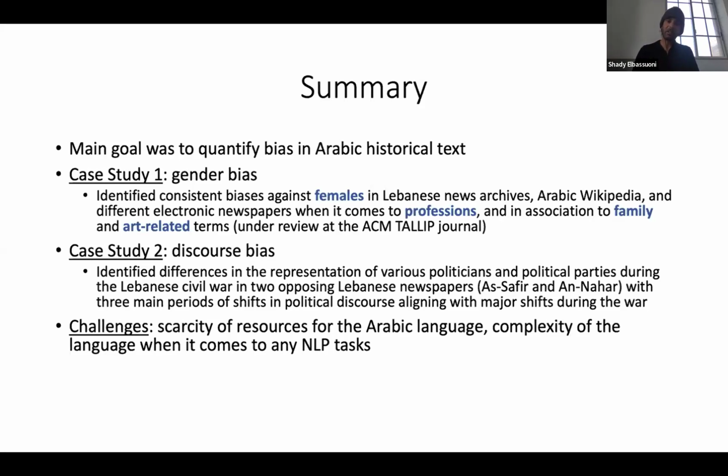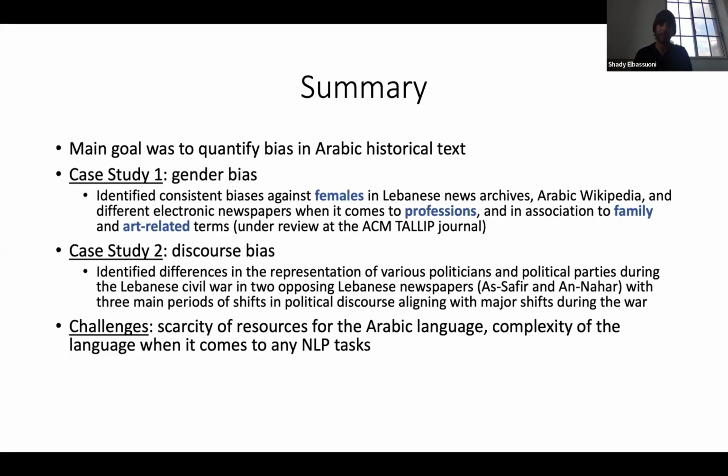In addition, even if the resources are available, most of these approaches have been applied to English, and we're very successful at quantifying different types of biases on English text. But taking those approaches and applying them to Arabic was quite challenging because of the complexity of the Arabic language in general.